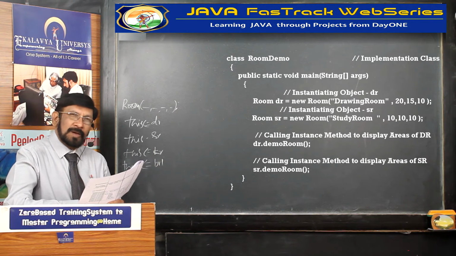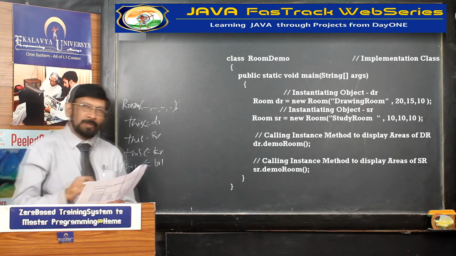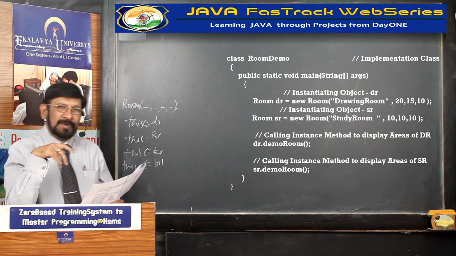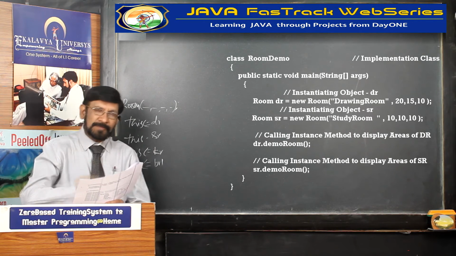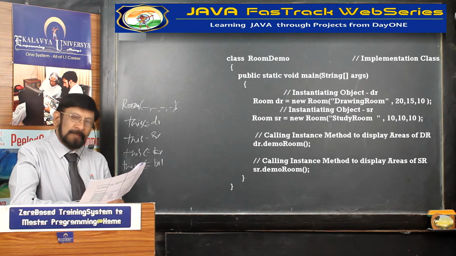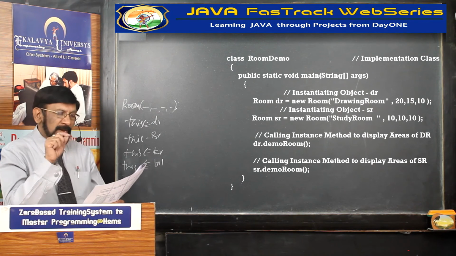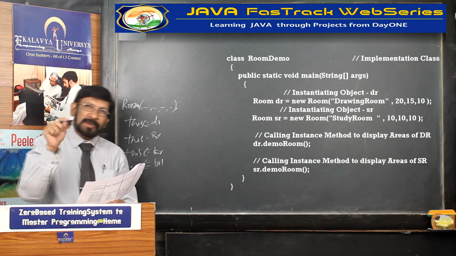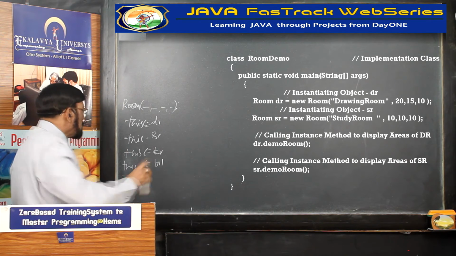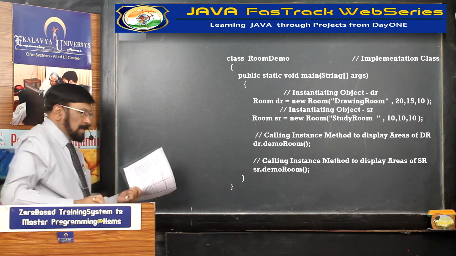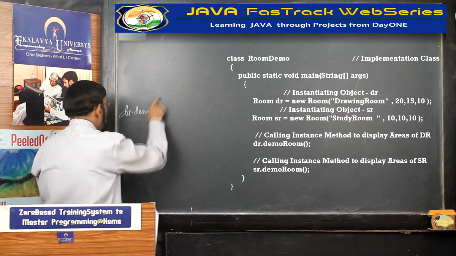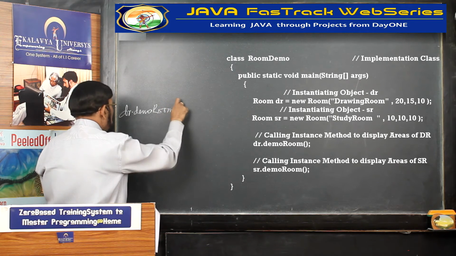Okay, now the drawing room object is initialized and the study room object is initialized. If you want to display them, you can. For that, you have to call demo room via dr. Via dr means it represents the drawing room object. dr.demoRoom().